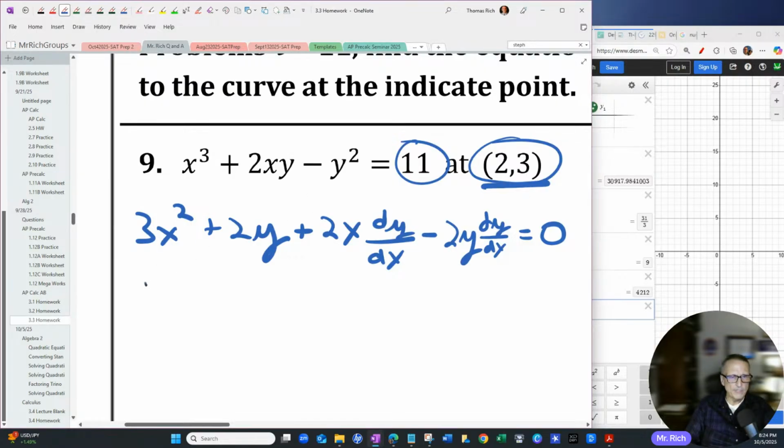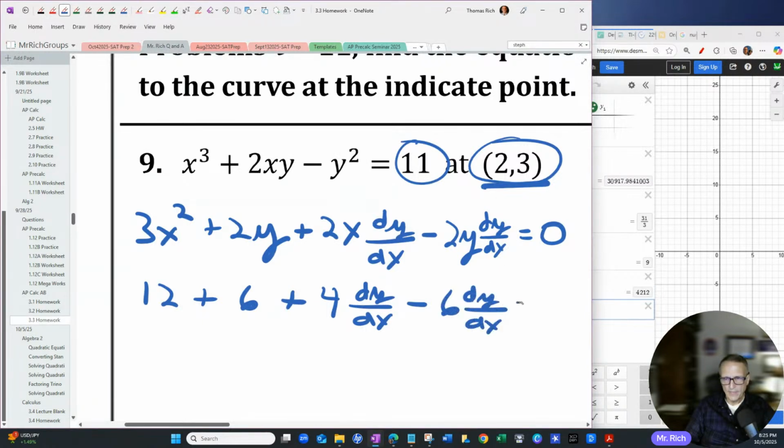So this is going to become 12, right? 2 squared is 4 times 3 is 12. 2 times y is 3, right? So we're putting a 3 in here, so that becomes a 6. 2 times x, x is 2, so that becomes 4 dy/dx. And then over here, minus 2 times y, that would be minus 6 dy/dx. And that is equal to 0.